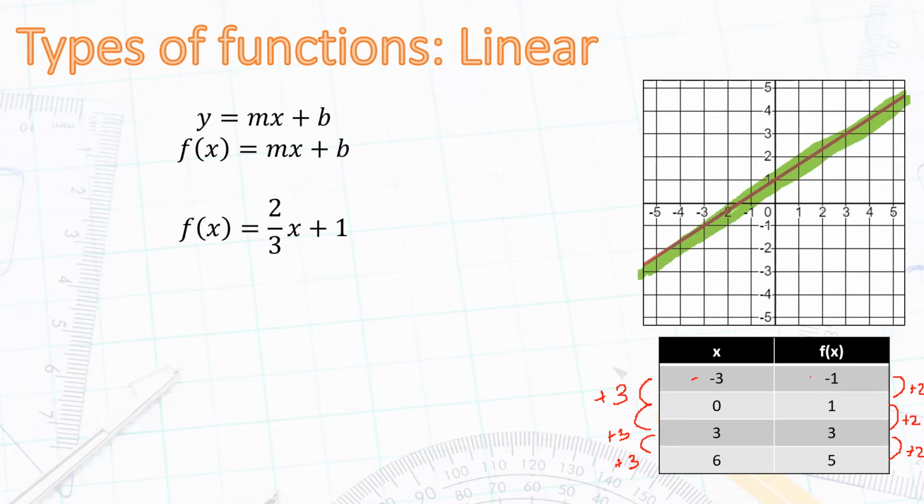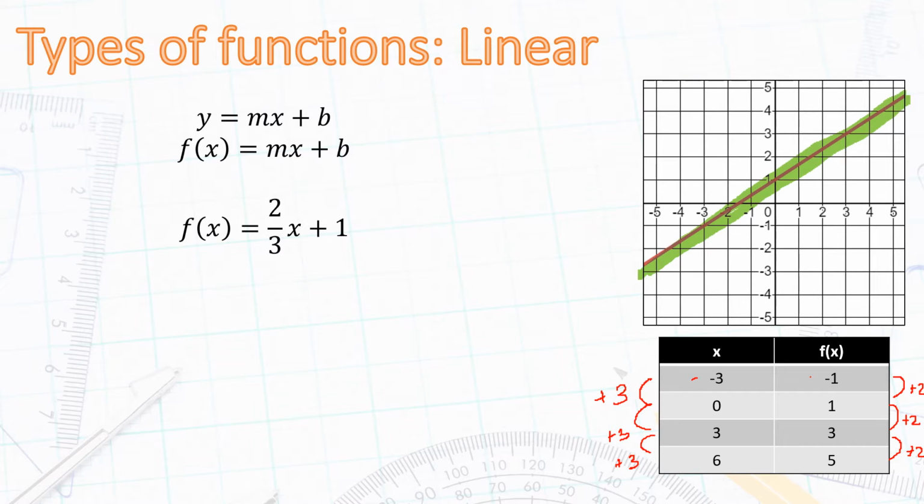So the key is the x values might go up by different amounts, but the y values are going up consistently by the same value. So like, if I'm going up 3 for x, I'm going up 2 for y, 3 for x, 2 for y, 3 for x, 2 for y. So if I went up a jump of 6 for x, I would expect the y value to go up 4. So that rate of change, what we're going to talk about in a few minutes, is consistent.